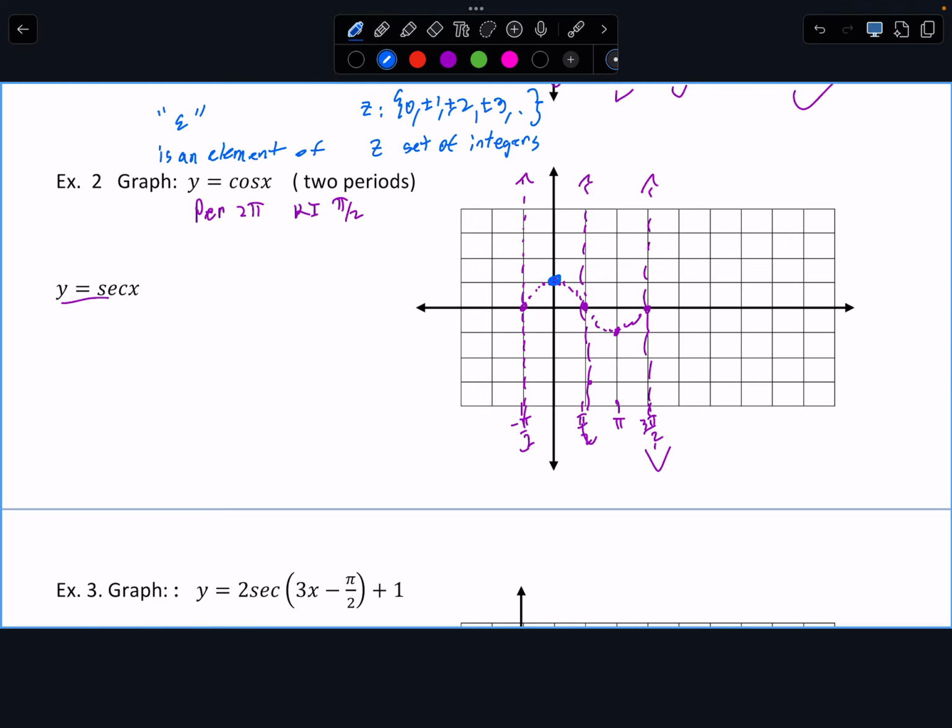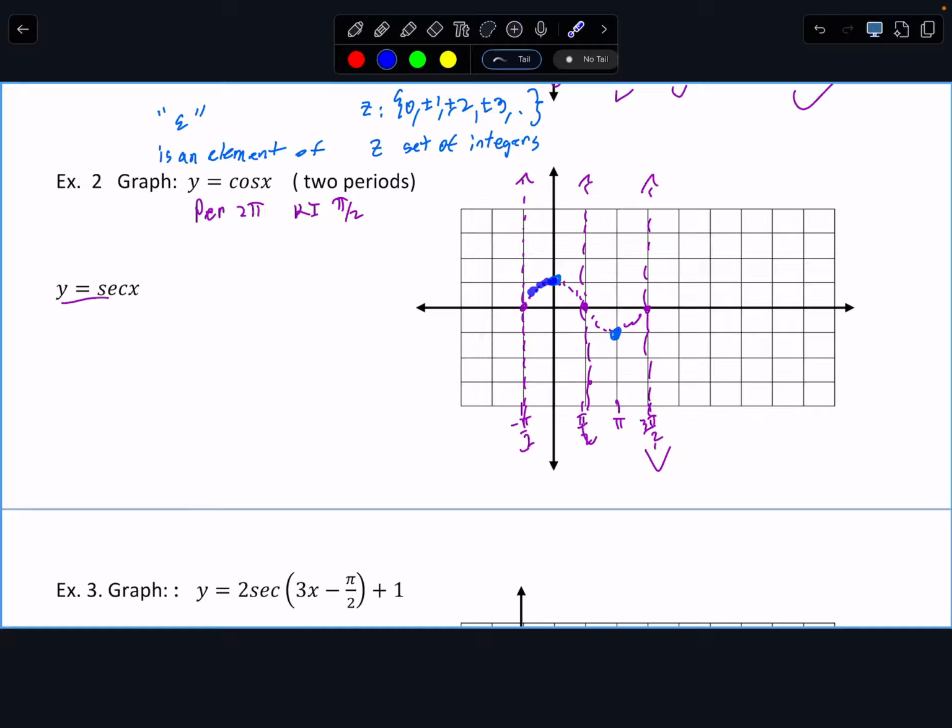And then, I didn't talk about it for the sine, but when cosine is from here to here, you have values between, its height is between 0 and 1. And when you flip values between 0 and 1, they get bigger than 1.